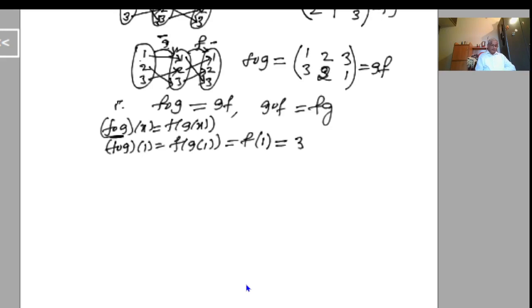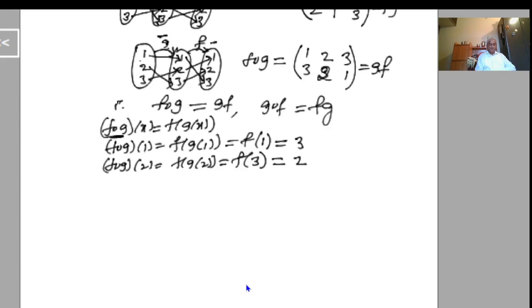Okay. And next, F composition G of 2 equal to F of G of 2. In G, 2 is mapped onto 3. So I am getting F of 3. And in F, 3 is mapped onto 2.